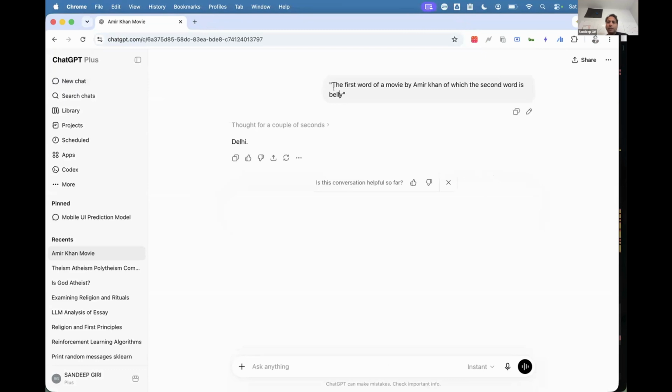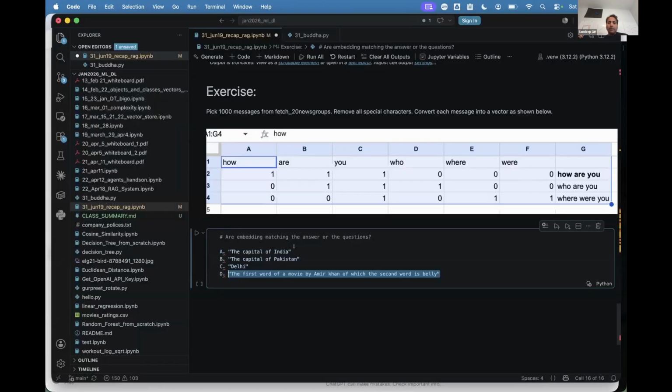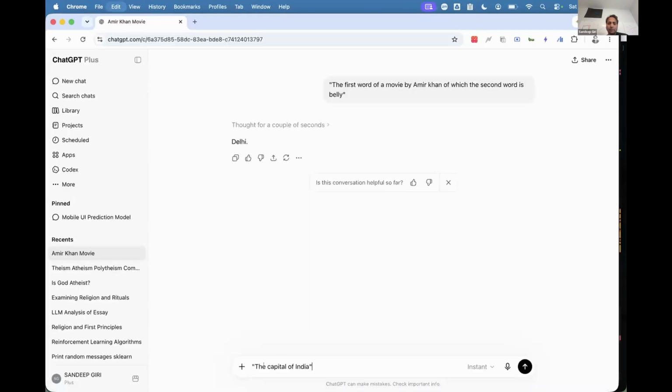Okay. So the answer for this is Delhi, right? And the question is, okay, the capital of India in one word.